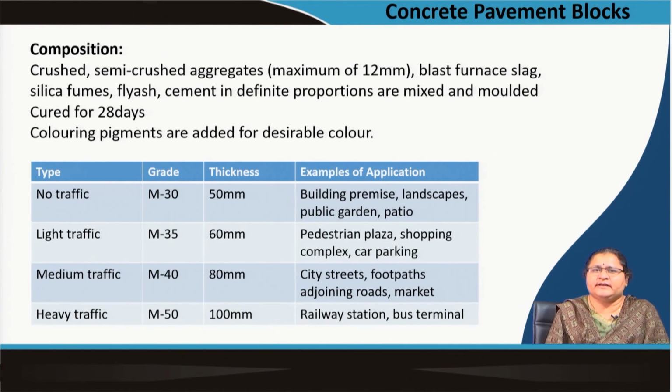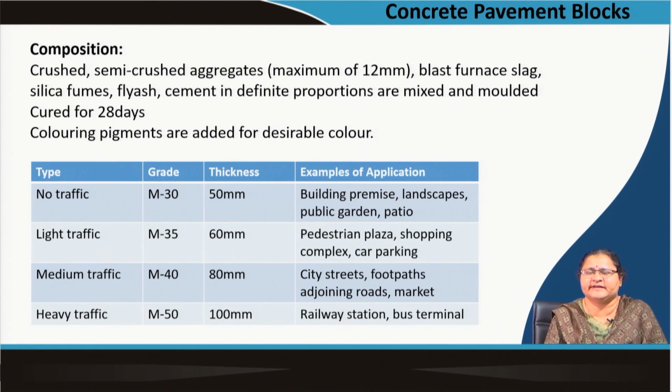Light traffic, we call it pedestrian plazas, shopping complex, car parking. See here the grade is varying from M30 concrete to M35 concrete. Medium traffic is streets, city streets, footpaths, adjoining roads, markets, and see the thickness has changed from 50, 60 to 80.